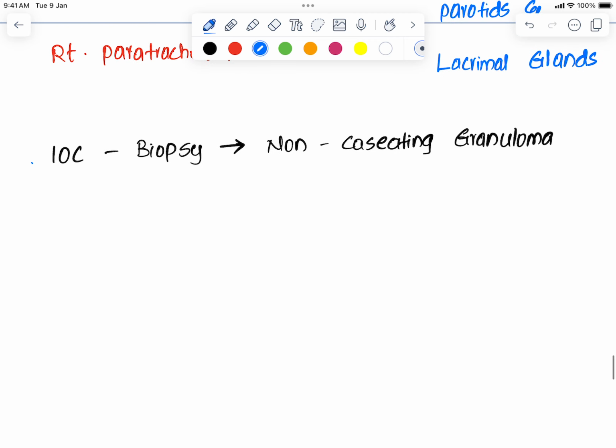Then followed by that, you take the pulmonary function test in these patients. Because the individual is developing interstitial lung disease, it's a form of restrictive lung disease.